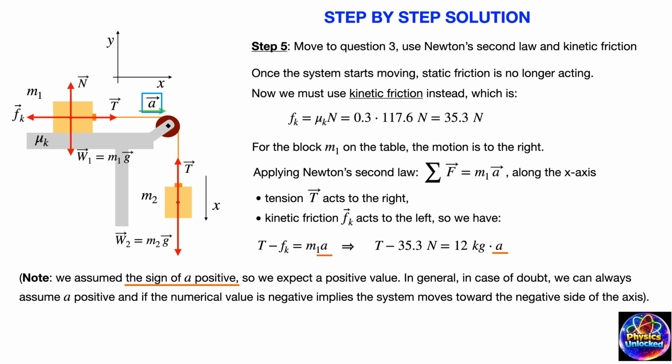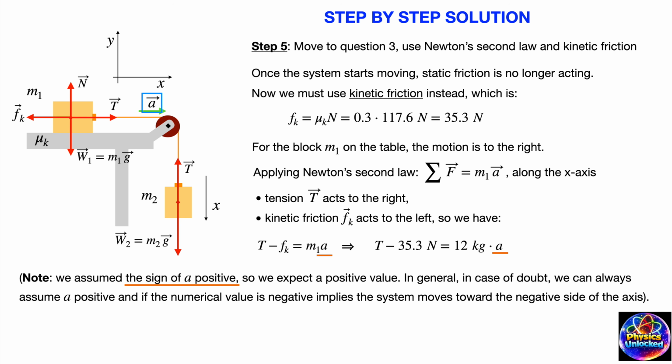But in general, if we have any doubt or we don't know in which direction the acceleration will be, because we have maybe a more complicated system, maybe with 3 bodies or in a different configuration, we decide for a positive direction for the acceleration, we make all the calculations, and then in the end, if the numerical value is negative, this will imply that the system will move toward the negative side of the axis we have chosen.